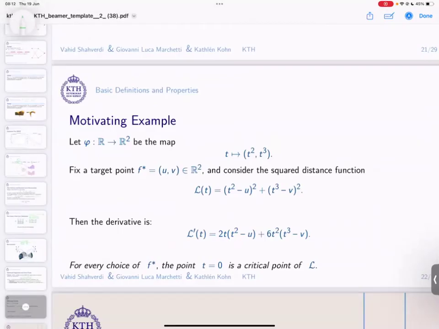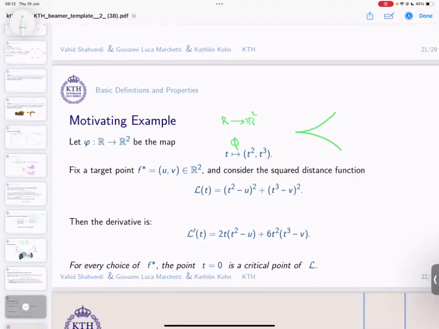Again, consider your parameterization to be just a simple map from R to R squared. So you send t to (t squared, t cubed). And if you remember, that parameterization sends the affine line, the real numbers, to the following picture, and in here is the singularity. Now consider the following optimization problem.